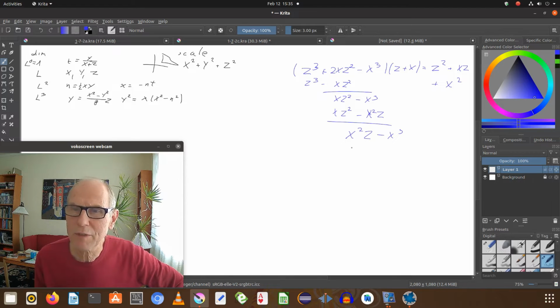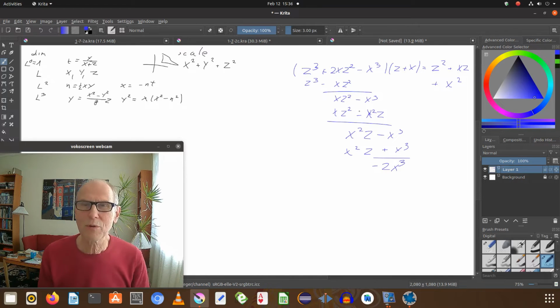And when we multiply, then we get a remainder. So I was wrong. If z equals x, then these two cancel. Oh, if it's minus, if z equals minus x, no, then it does cancel.